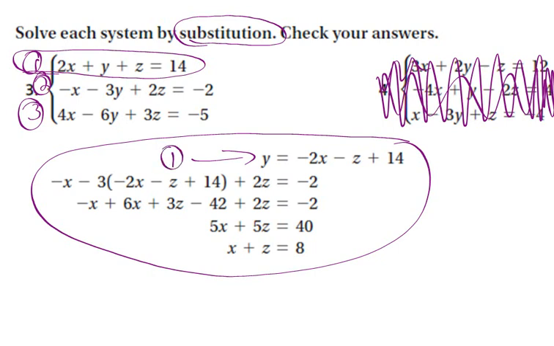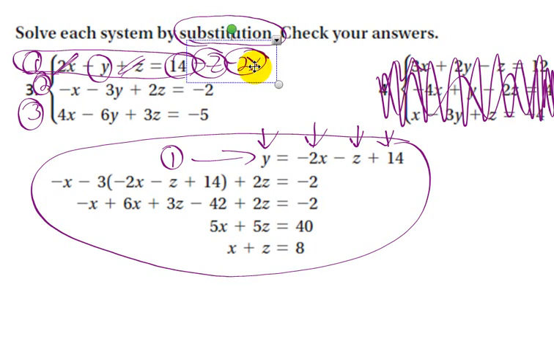So that's equation 1. And when they solved it for y, what did they do? They subtracted a z, and they subtracted the 2x. And when you put it back in order, you have negative 2x minus z plus 14 is equal to y. Okay, so this is what they've done.